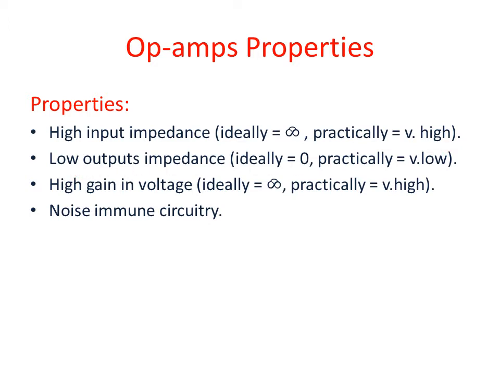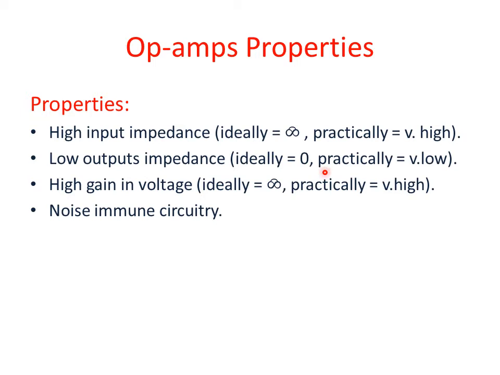Similarly, in case of the output impedance, the output impedance of the op-amp is very low. Now, how low can it be for an ideal device? For an ideal device, this resistance will be as low as 0 ohms. Again, ideal thing does not exist.